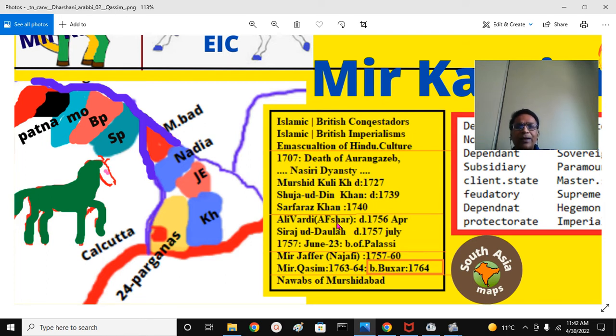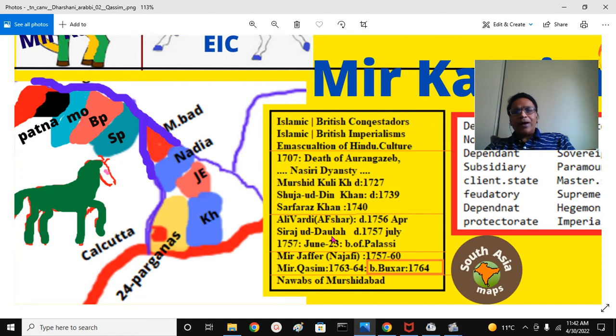He started a new dynasty, replacing the Nazimi dynasty. He was a very popular, very powerful, talented ruler, faced stiff resistance from the Marathas, but overcame them by ceding the Cuttack division, that is Balasore, Cuttack, Puri, Sambalpur, all those regions, and Garjat and so on.